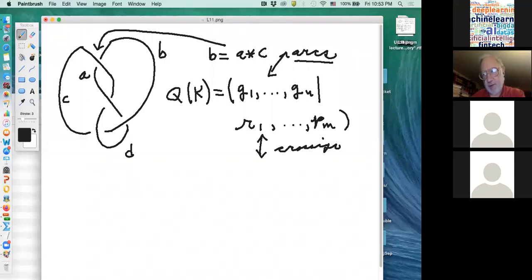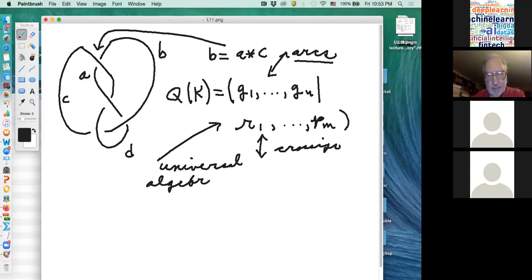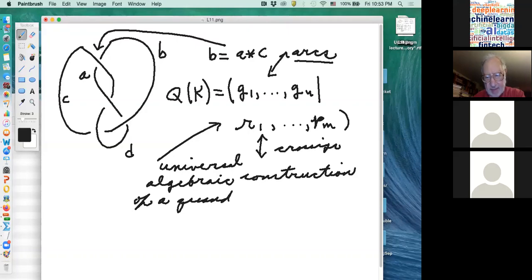It's really 2, but we only need to write down 1, because if B is A star C, then A is B star C. And then what we mean by this is the universal algebraic construction of a quandle, meaning it has to satisfy the axioms, with these generators and relations.